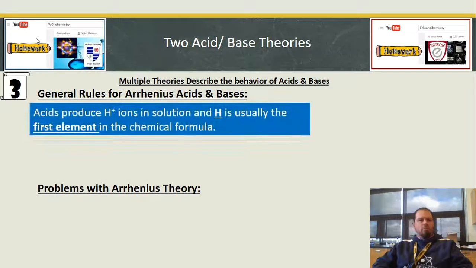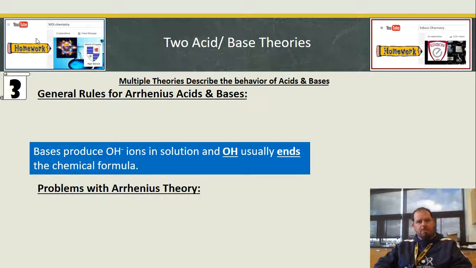General rules. Acids produce H plus in solution, and H is usually the first element in the chemical formula. So H2SO4, HCl. You look at the common acids and bases, they all start with H except for one. There's always just one exception, usually in chemistry, or a lot of times there's just that one exception.